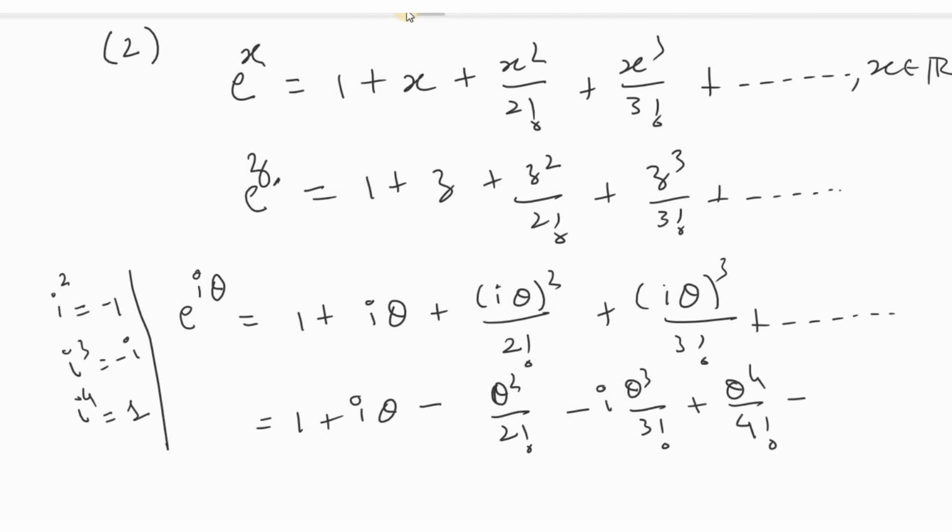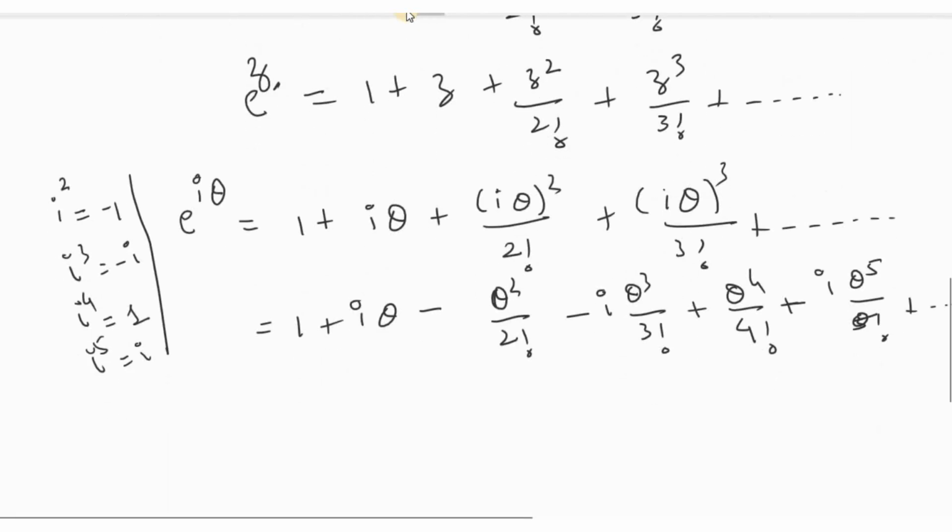The next one is i theta power 5 upon 5 factorial. Then i raised to 5 will be i, so that is plus i theta power 5 upon 5 factorial and so on.